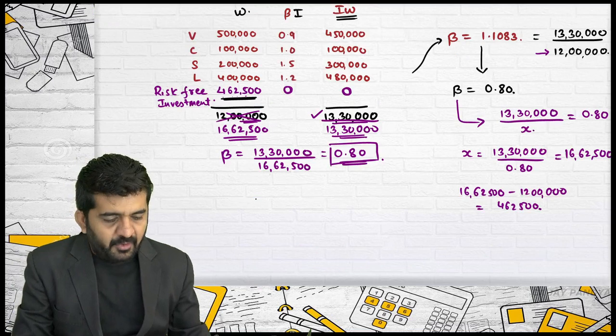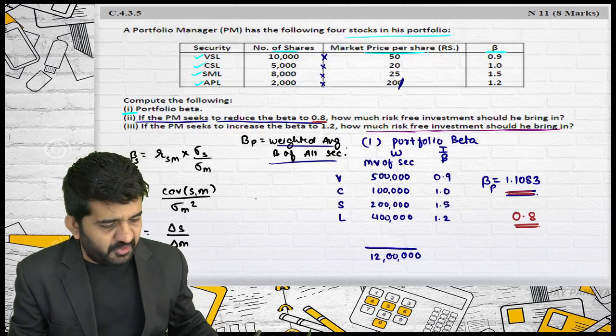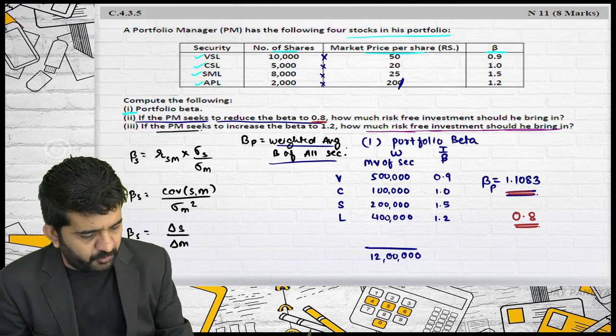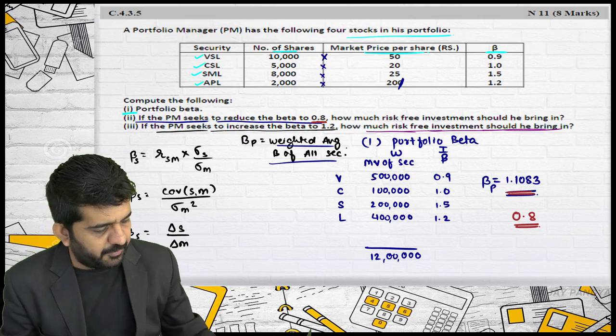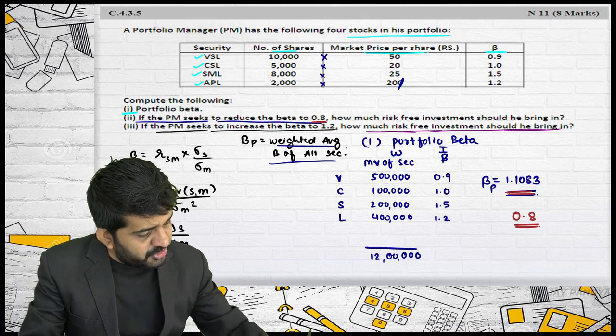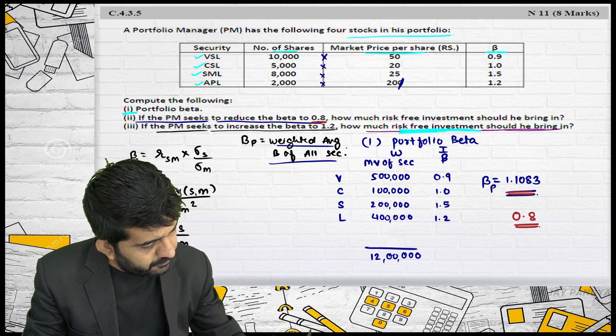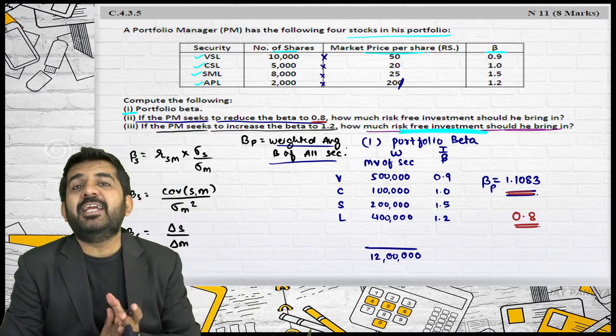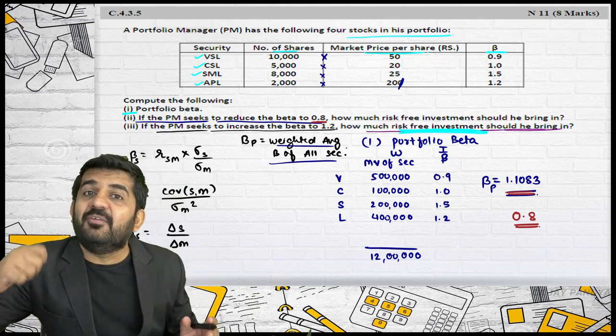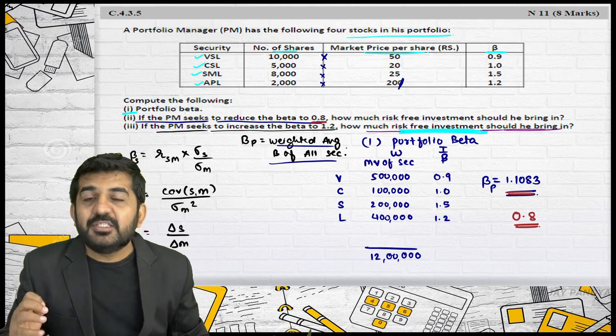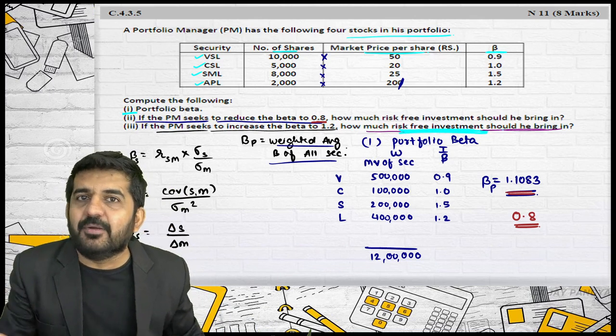Is it correct? Why have we taken only risk-free in this? Try to concentrate. If the portfolio manager seeks to increase the beta to 1.2, how much do you need to increase the beta even by risk-free investment? See, beta can be increased in n number of ways.